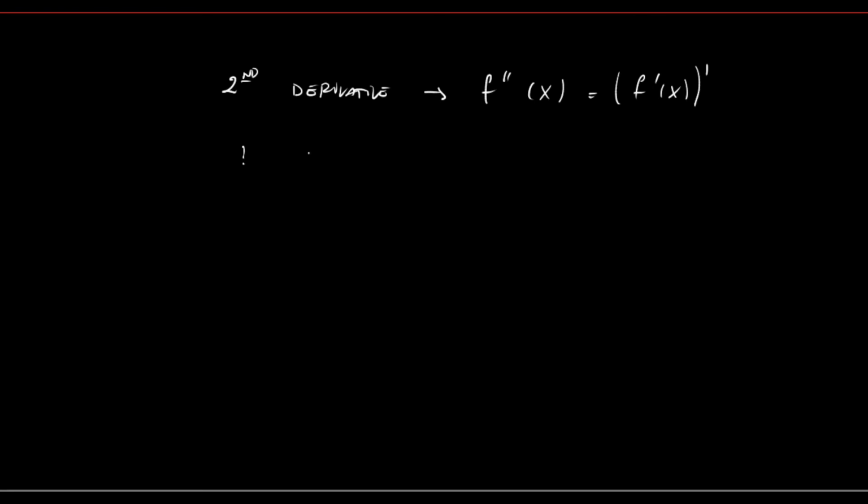And you can do this as many times as you want. So the nth derivative will be just f, and when it's more than 3, we write it with parentheses n. It's just the derivative of our last derivative, so in this case with n, it would be n minus 1.